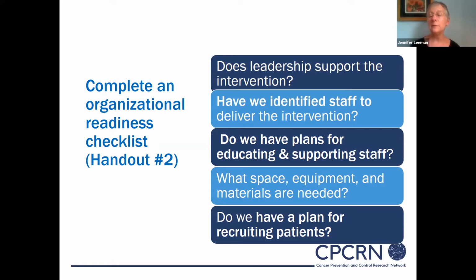Do we have plans for how we're going to educate and support those staff over time so that they can deliver the intervention? What space, equipment, and materials are needed? And do we have a plan for recruiting patients? So at the end of completing this organizational readiness checklist, you'll have a list of areas where there's gaps, where there's additional work that you need to do to prepare.